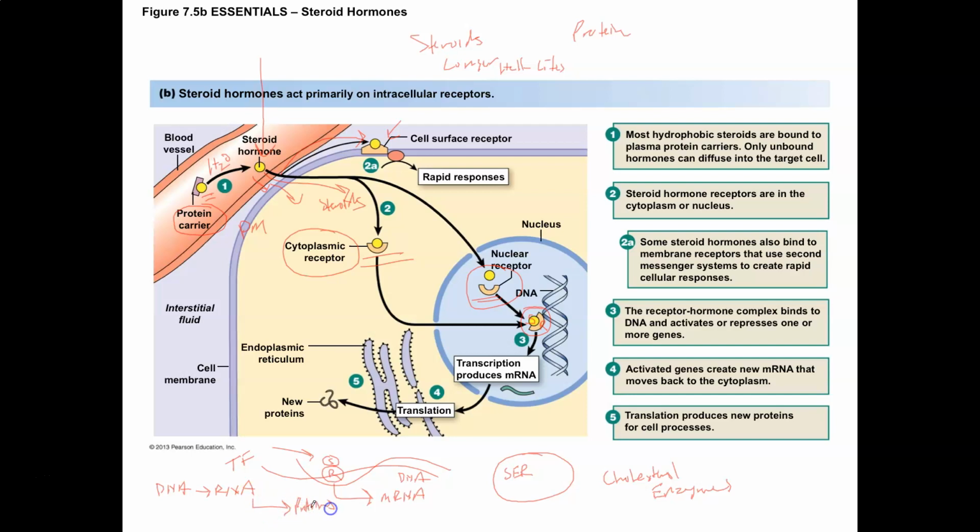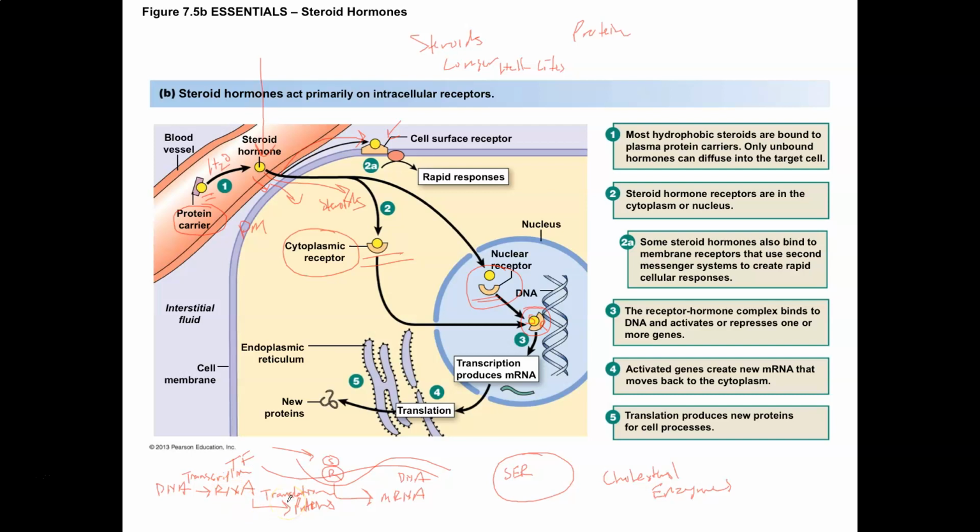So steroids have the ability to allow cells to produce proteins. So we go through the process of transcription, I'll just put trans here, and then translation. So transcription and translation are the processes of DNA to RNA, transcription, and then RNA to proteins, translation.